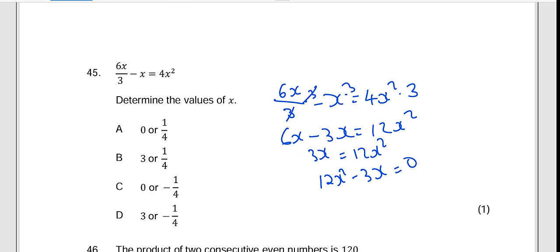And then I would common factor here, it's going to be 3x, and I'll be left with 4x minus 1.